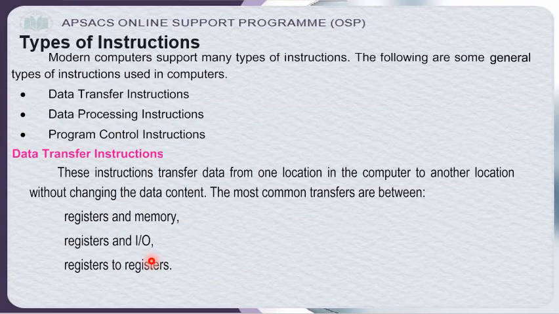So data transfer instructions are utilized whenever data needs to be transferred from one location of a computer to another location. The data transfer is from register to main memory, or from register to any input-output device, or from register to another register.